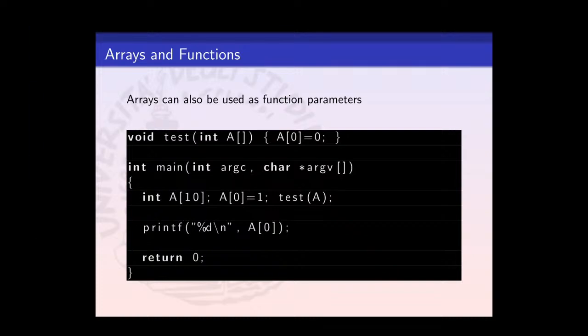In the function call, we are passing as actual parameter the variable a, which was meant before to be the array, the address of the array in the memory. So by doing so, we are basically copying that address into the formal parameter, and then all the changes to the array a in the function test correspond to a change in the original array. That's it.